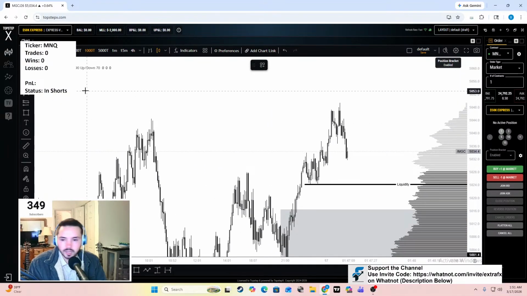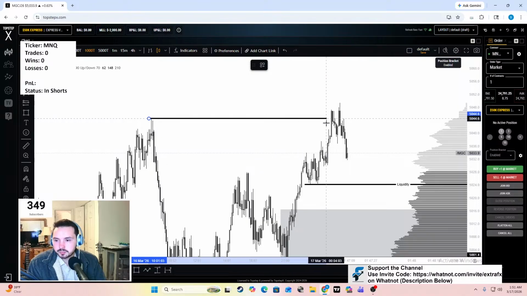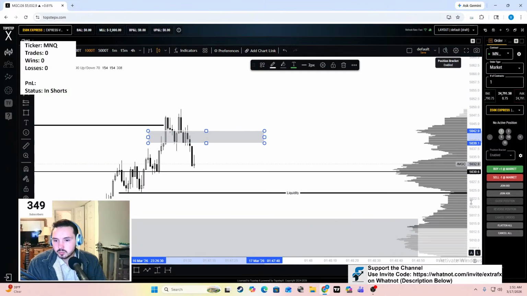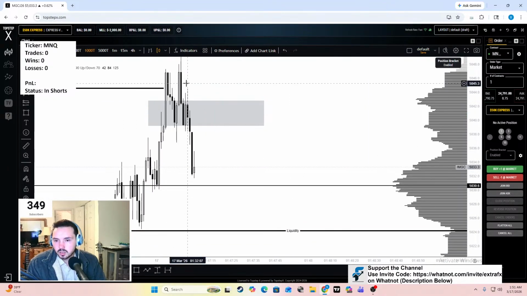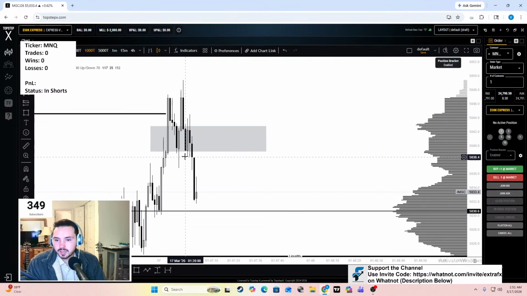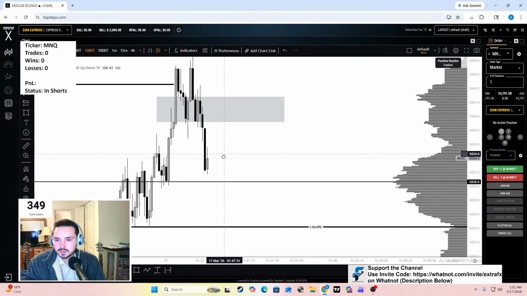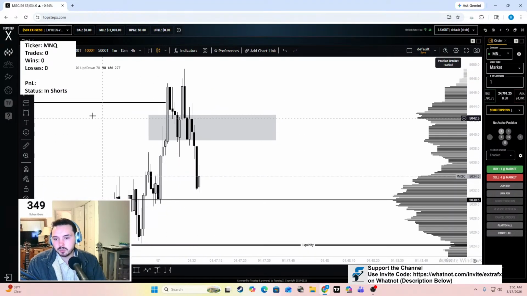And then if we look at a liquidity grab right here, we had this gap, we came up once, we failed below it, we came up, tried to grab a high again, and we failed again. So what we might see is a third push upwards and then a failure, around grabbing this liquidity. Let me see.